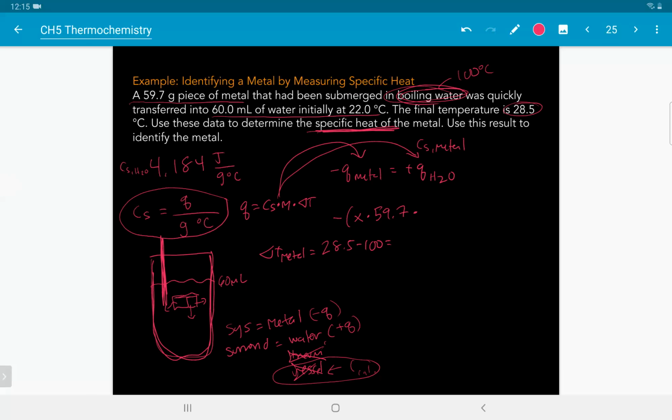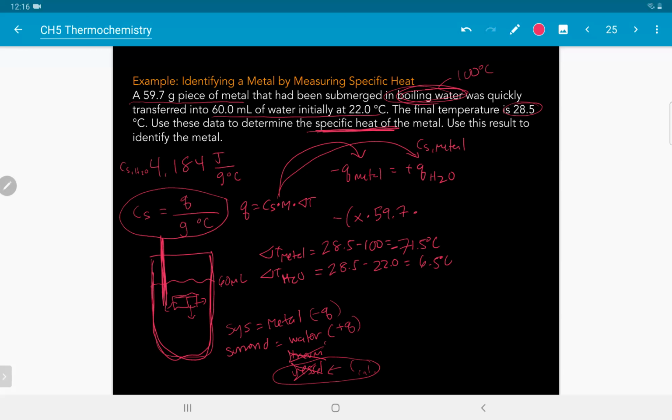What is 28.5 less 100? That's going to be 71.5 degrees Celsius. And what's the delta T of the water? The final temperature of the water was 28.5 and the initial temperature was 22.0. What's 28.5 less 22? 6.5 degrees. So the metal cooled down 71 degrees and the water warmed up 6 degrees.